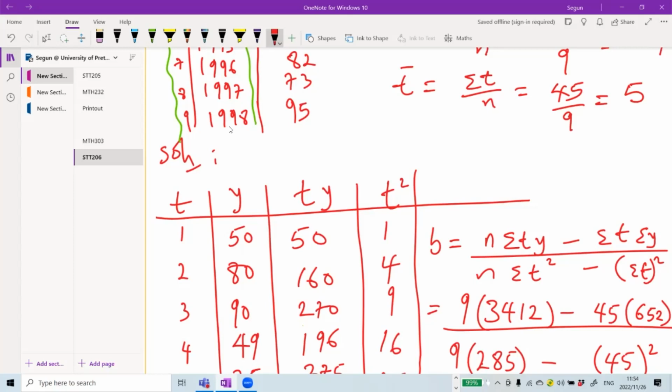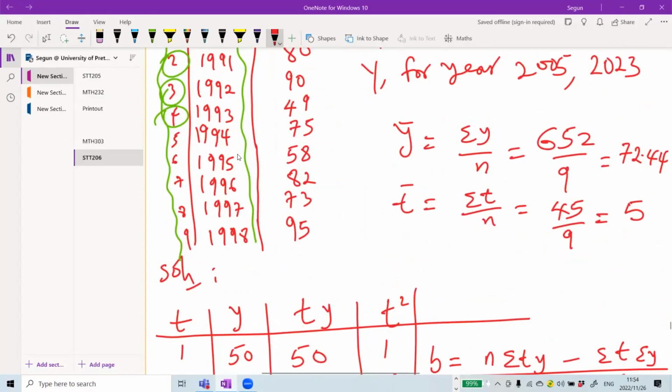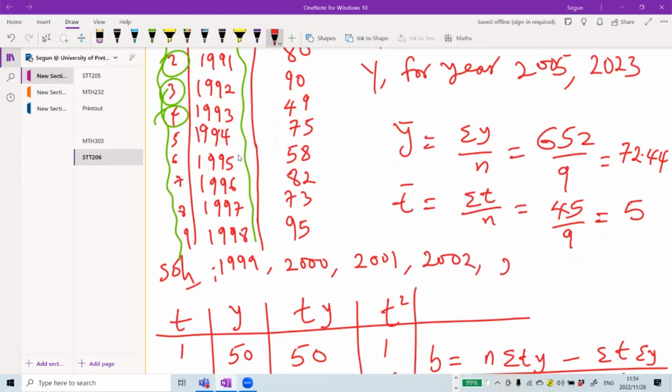It will not be, remember, 1998, 1999, 2000, that would be 7 years. 2001, 2002, 2003, 2004, 2005. So count it, this is 9.